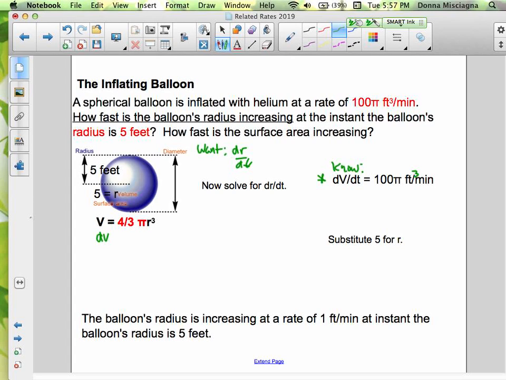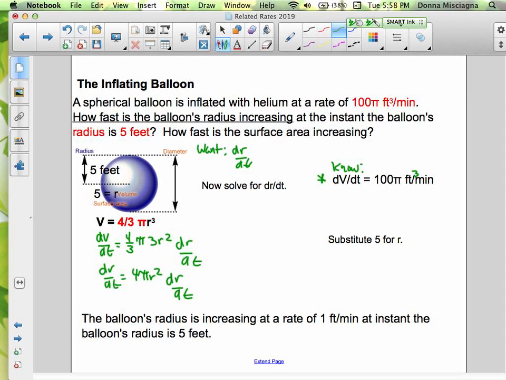So dV/dt equals, and 4/3 pi is just a coefficient, so that's 4/3 pi, and then using the power rule, the 3 would come in front, and then r squared. And then, of course, dr/dt. Let's simplify that. So dV/dt equals, the 3's will cancel, so now that's going to be 4 pi r squared dr/dt.